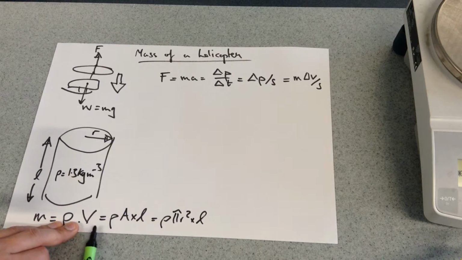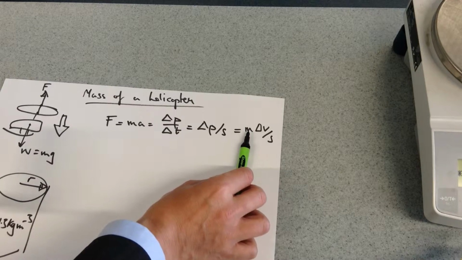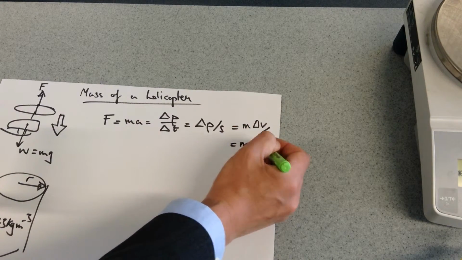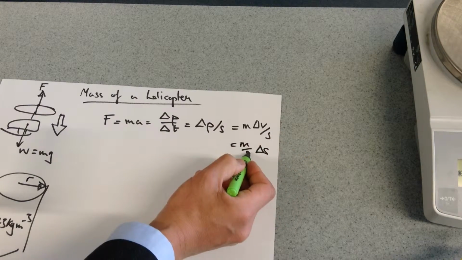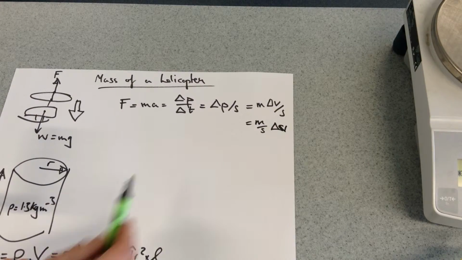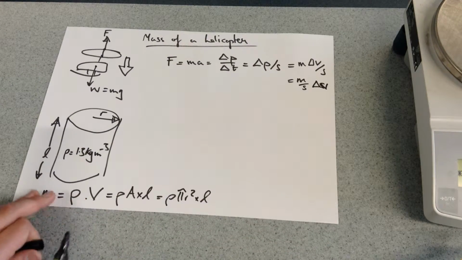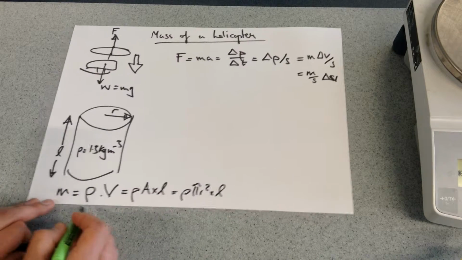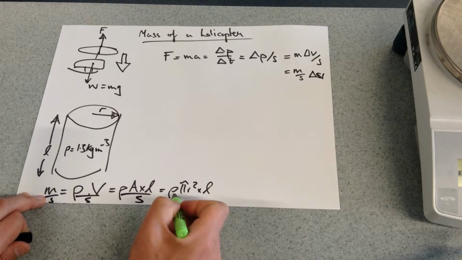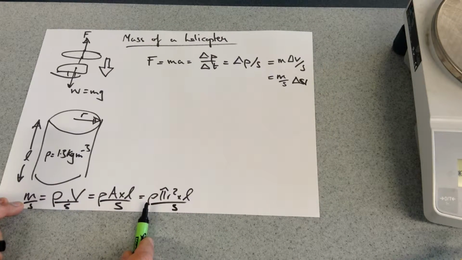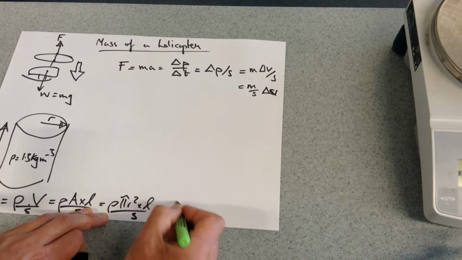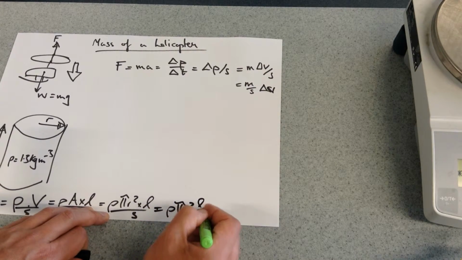Excellent. Now, what I've said here is that I'm looking for the rate of change of momentum per second, or indeed the change in mass per second multiplied by the change in velocity. So if I'm looking at the mass per second, I could rewrite this as density times pi r squared times the length per second.